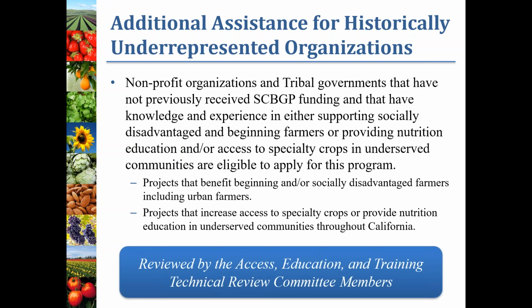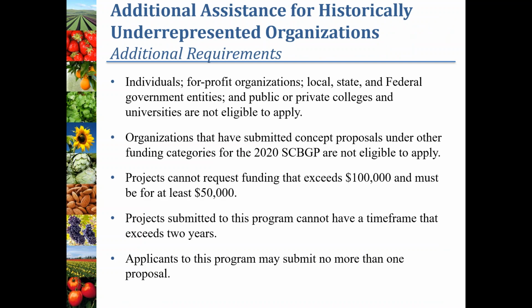Proposals must meet at least one of the following criteria: support beginning and socially disadvantaged farmers, including urban farmers, and/or increase access to specialty crops or provide nutrition education in underserved communities throughout California. Here are some additional requirements.